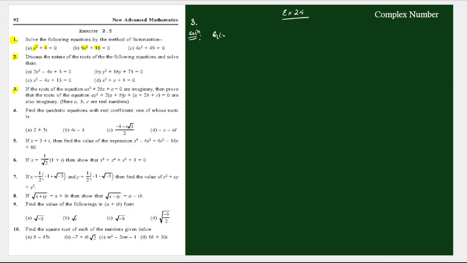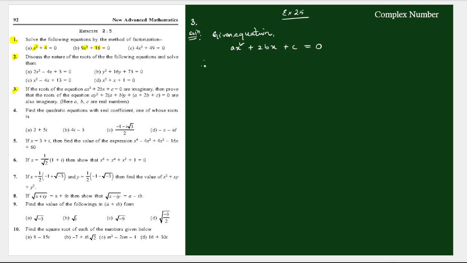Given equation ax square plus 2bx plus c equal to 0. So here a is a, our b is 2b, c is c.